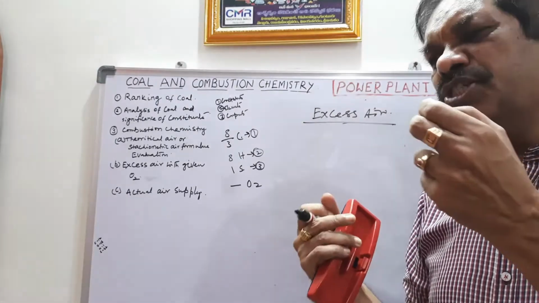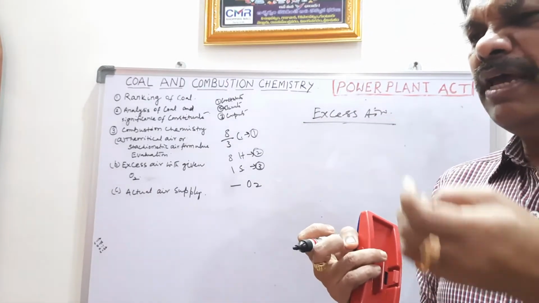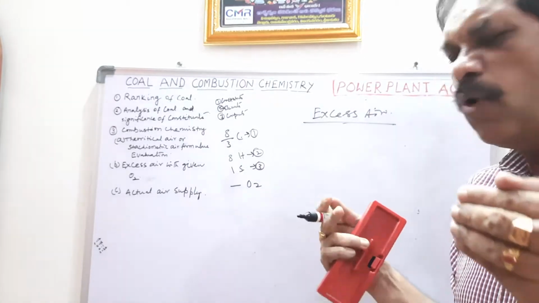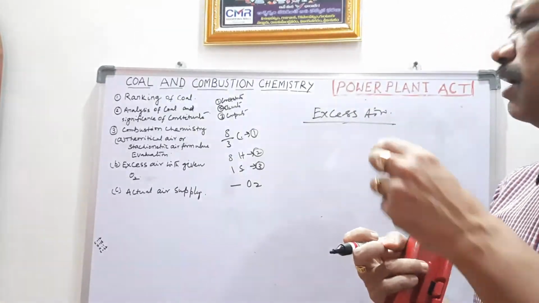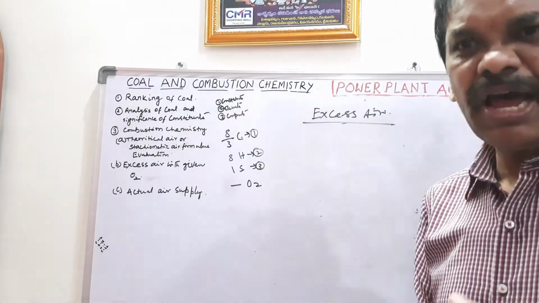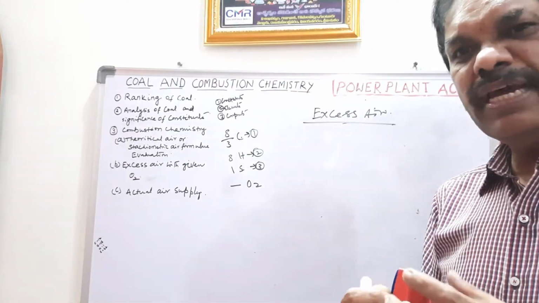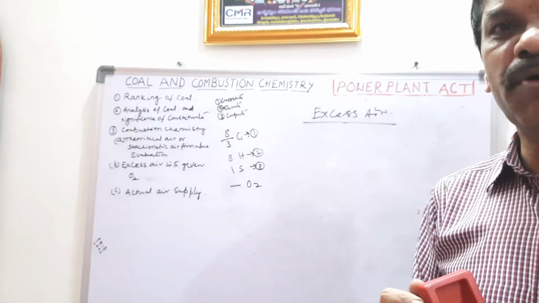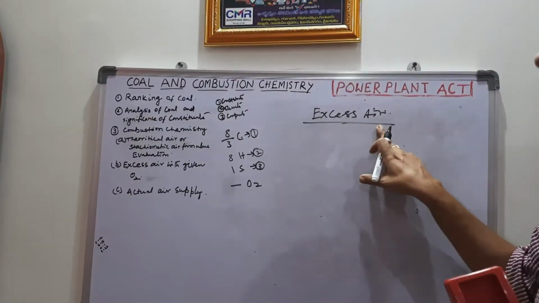The constituents of coal such as carbon, hydrogen, oxygen and sulfur are not going to mix completely with the theoretical air. Some more extra air is needed to ensure the complete combustion of coal. So some excess air is to be provided. This is called excess air.